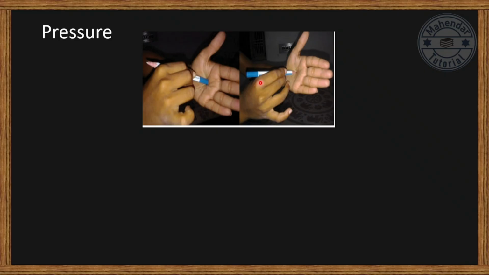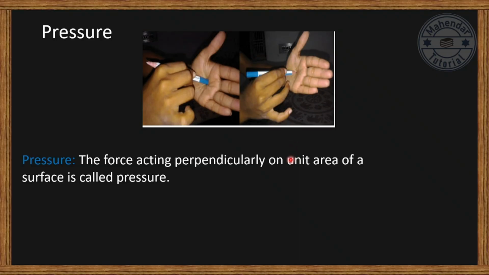But if we reverse that, if we keep the sharper edge on our palm and press, it hurts. So what is the reason here? In the second situation, the surface area of the pencil tip is very small. Even though we apply the same force in both situations, in the second case we feel more pain. So here pressure plays a key role.